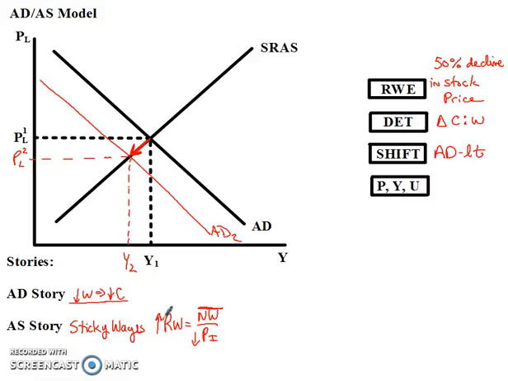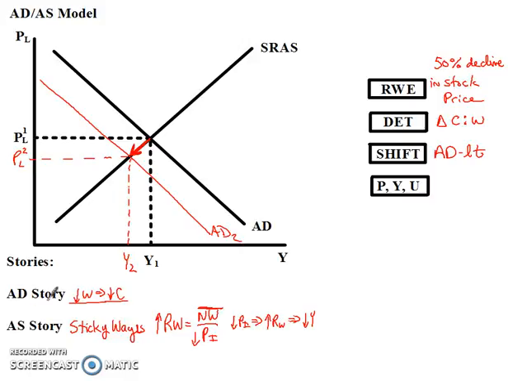And as real wages go up, companies will respond to that by hiring fewer workers and therefore cutting production. Companies respond to the higher real wages by firing some workers, and that will decrease production.